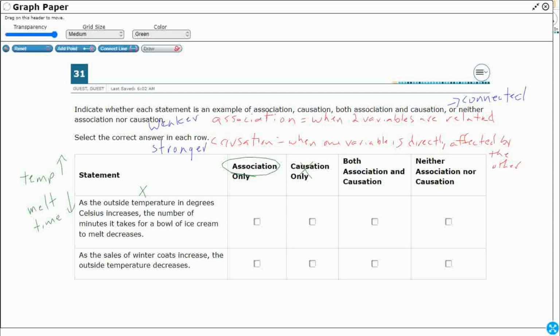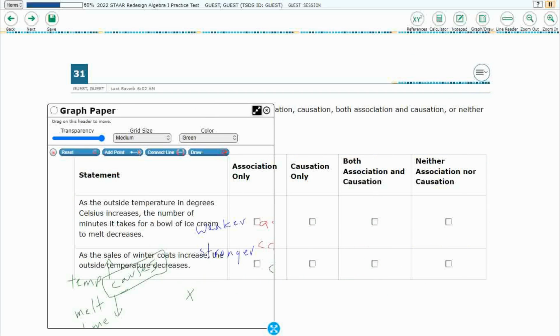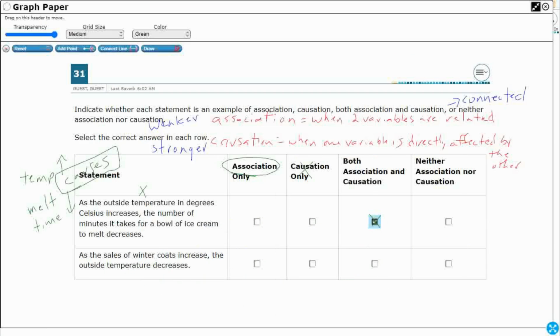Well, yeah, that actually makes sense because the temperature is what regulates how long it takes to melt. So as one goes up, the other goes down. Yeah, I think we could say that this causes the other. So honestly, our answer here is going to be this third column, both association and causation.